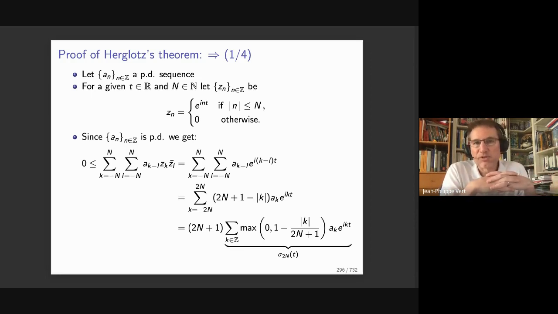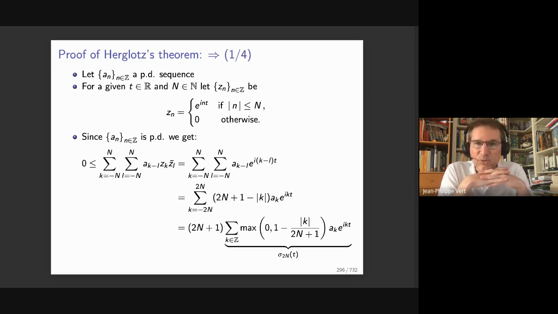And with this particular choice of zn, when we write the property of being positive definite for the kernel, we just write that the sum over k and l of the kernel, a index k minus l, times zk times zl conjugate, is non-negative.